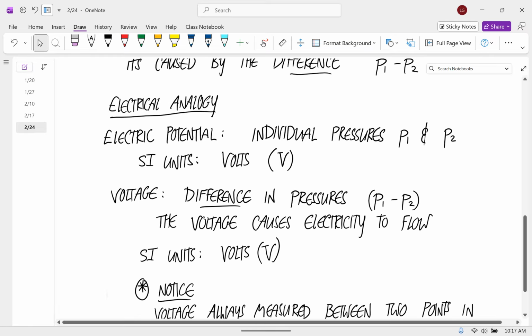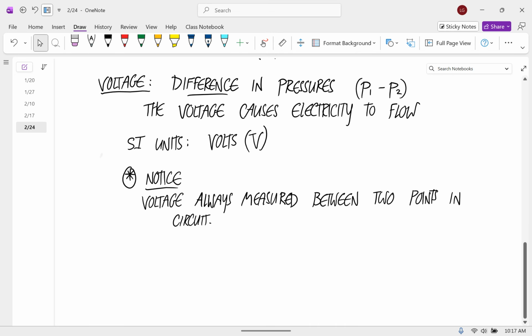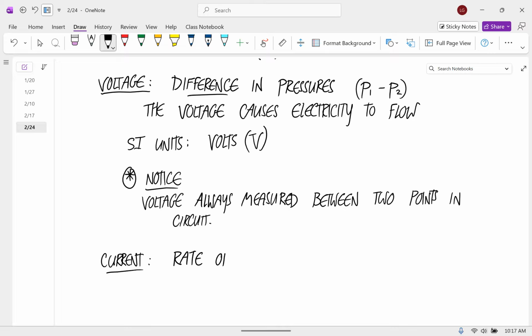And then the last one, so this was electric potential and voltage. And actually, there's 2 more, sorry. But this is maybe the most important one, is current. And current is the rate of flow. So you can think of this as like how much electricity is pouring through this point.